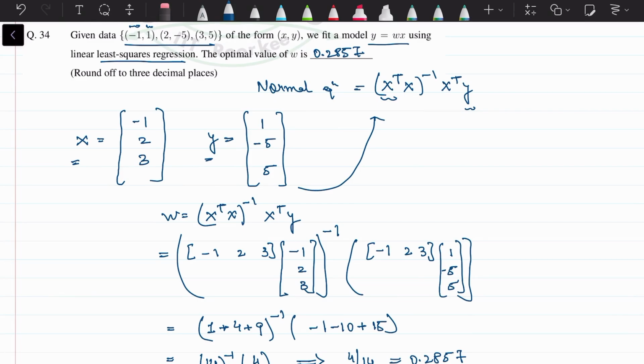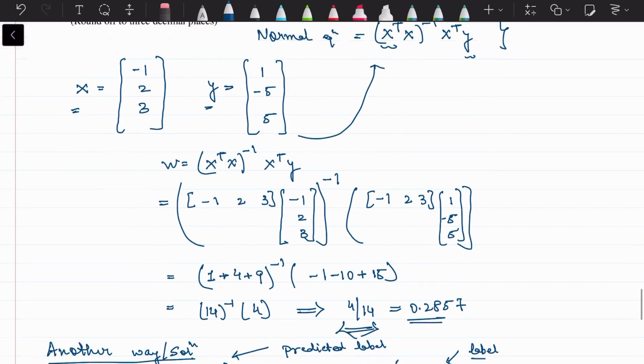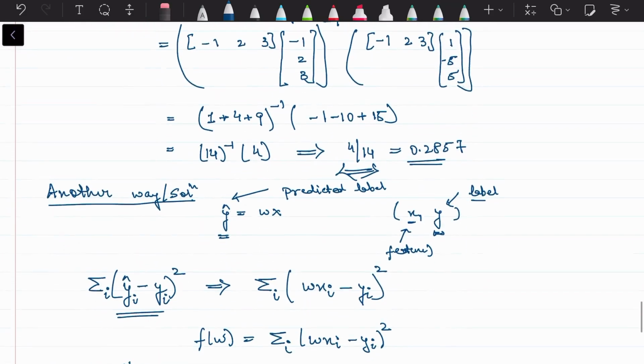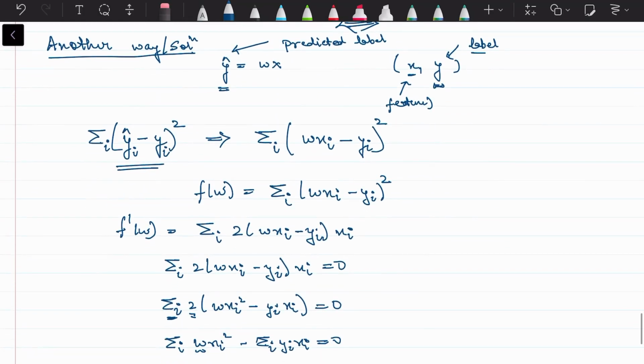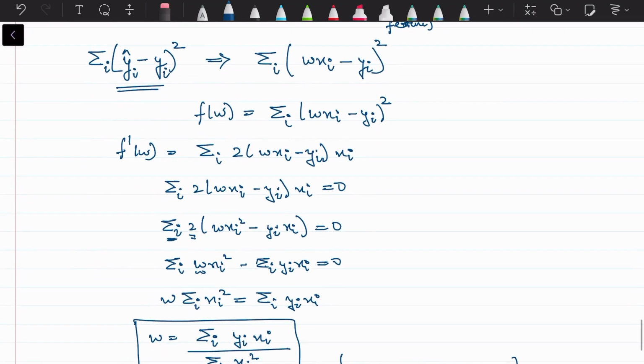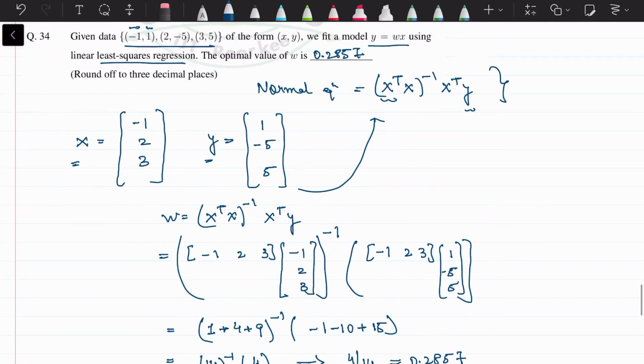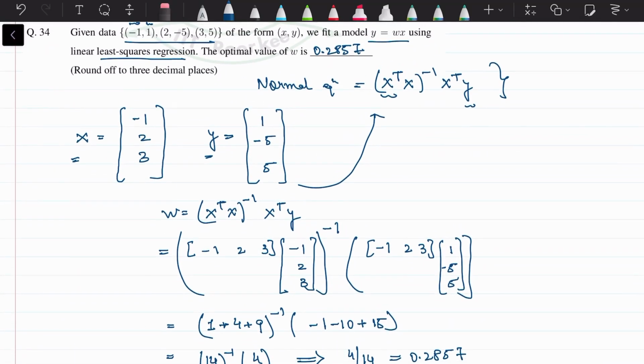If you remember the normal equation, directly you can get the x matrix and y matrix, put that into the normal equation, solve it, and we'll get our answer. So that's when you know the formula. The other solution which we discussed was when we forget the formula, and we have done an entire derivation on how to solve for this particular case, and we got the same answer for both the methods, and the answer to the question is 0.2857.